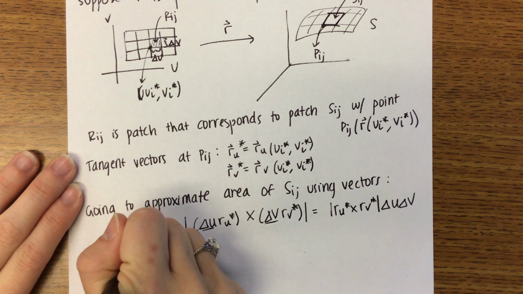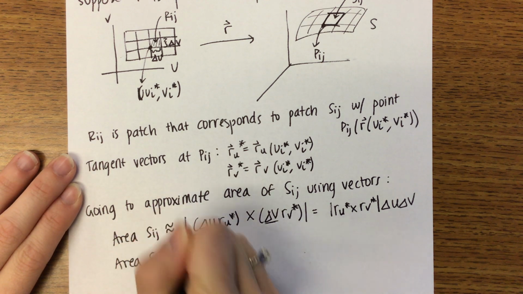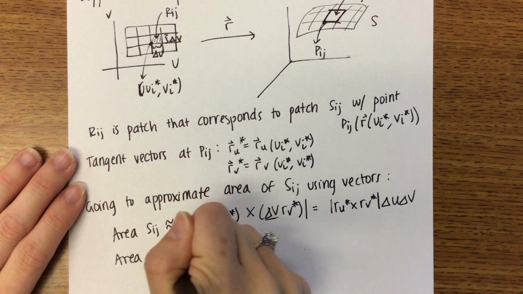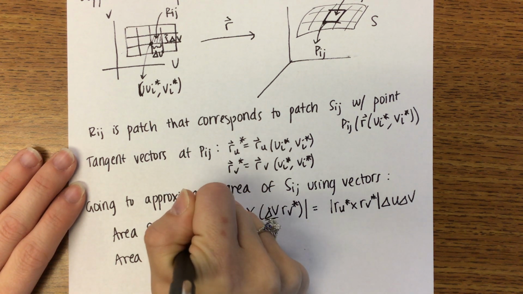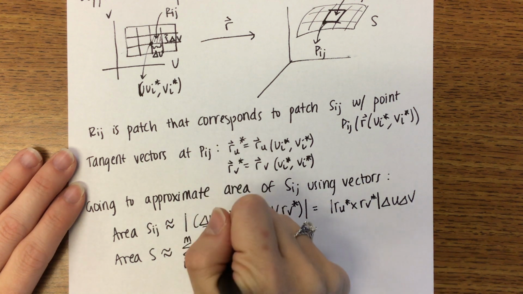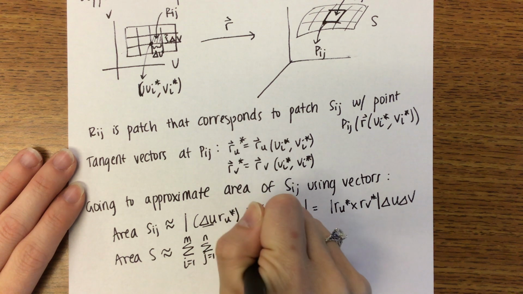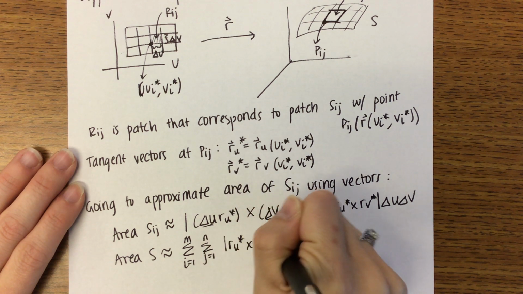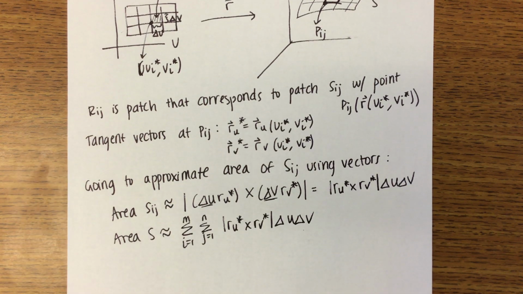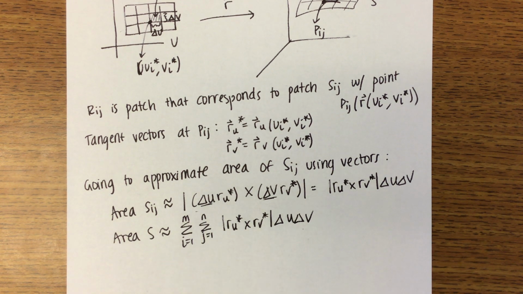So what this becomes then is that the area of S as a whole is approximately the sum from i equals 1 to m, j equals 1 to n, of the magnitude of r_u star crossed with r_v star, delta u delta v. Yes? Why do you have the underline under? Is it just to show you I'm pulling them out. Oh, okay. It's just when I was referring to them.